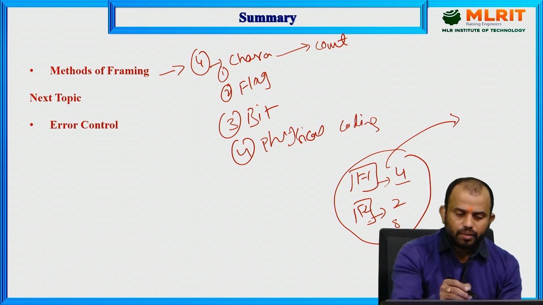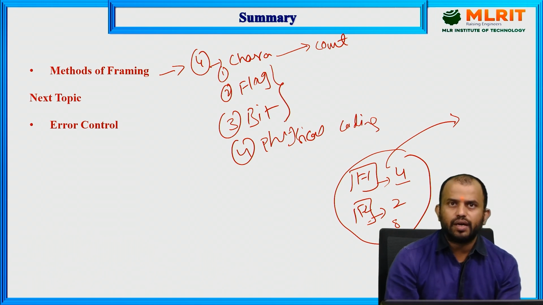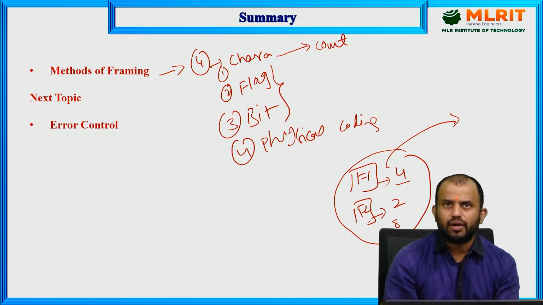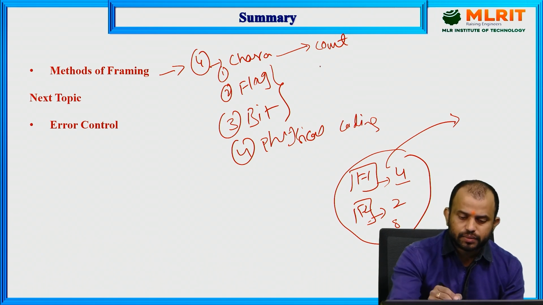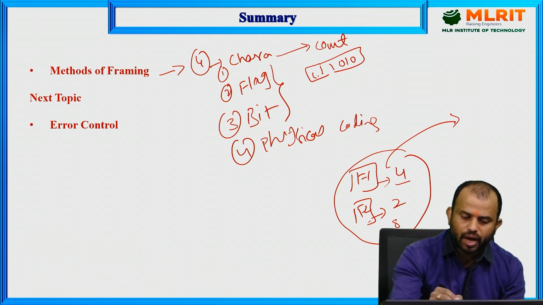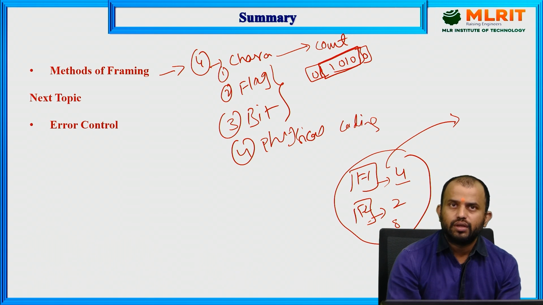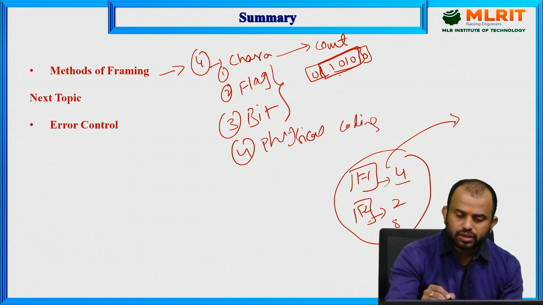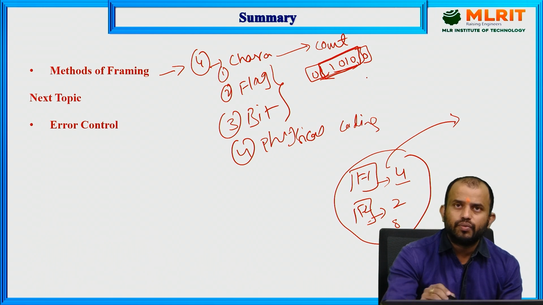But flag stuffing and bit stuffing are somewhat similar. In flag stuffing, around my information, for example 1010, I add the flag at the start and at the end. The frame may be 8-bit, 4-bit or 16-bit length, we don't bother about that.